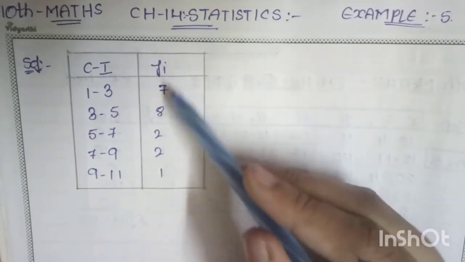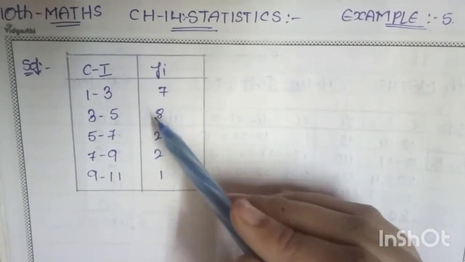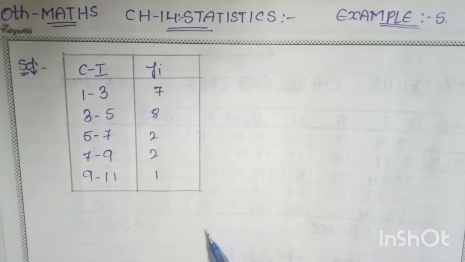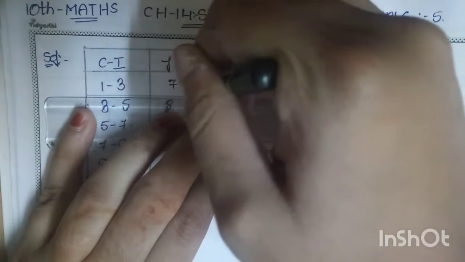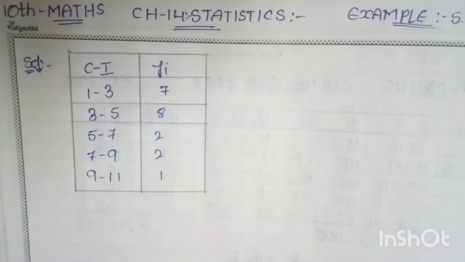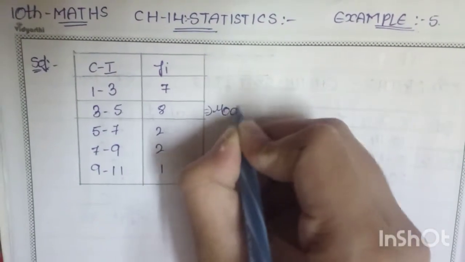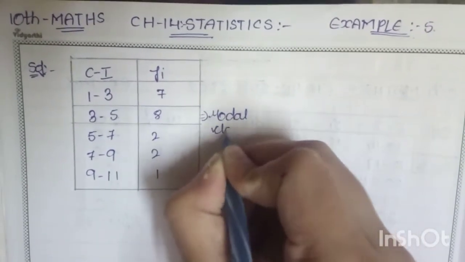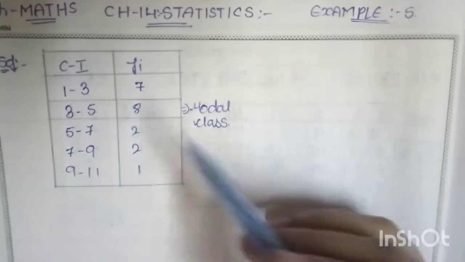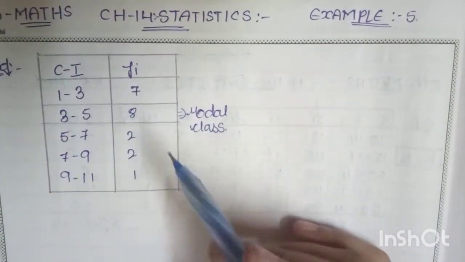Here the highest frequency is 8, right? So the modal class of this given data will be the 3 to 5 class interval. So this will be our modal class. Based on the highest frequency, we have to find the modal class.